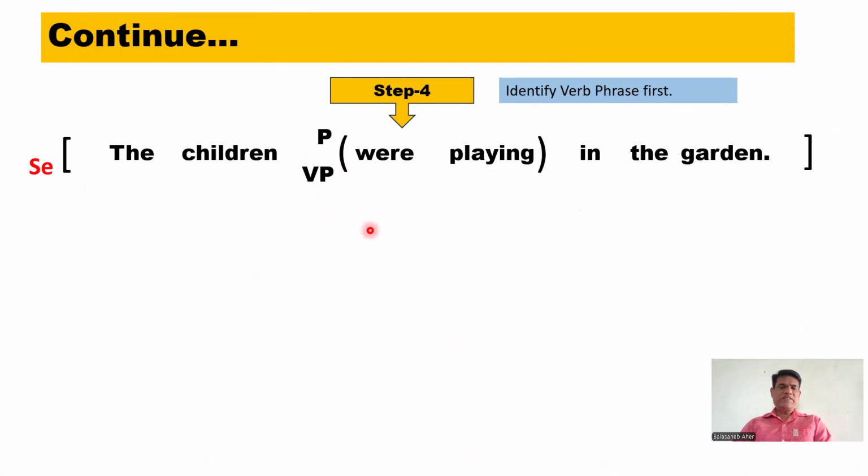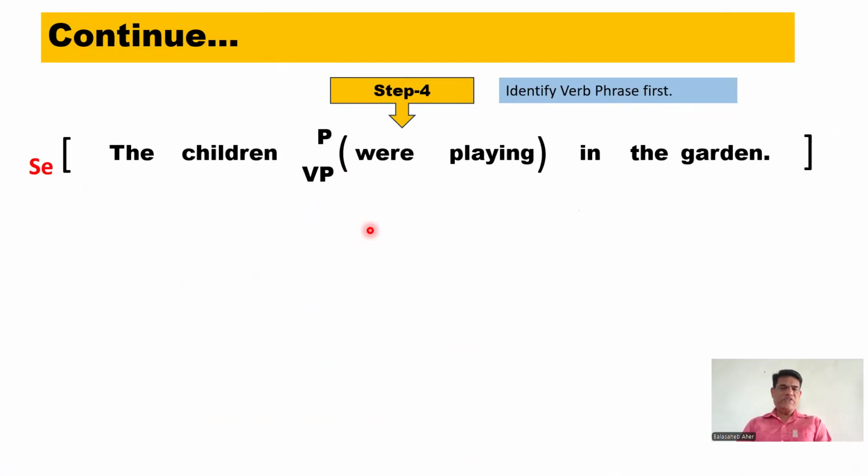Now you can see that as we have analyzed the verb phrase, we have got three parts of the sentence. The children is one, were playing is one, and in the garden is one. So we have split up the whole clause into three units. And now it is very easy to deal with the rest of the two units.